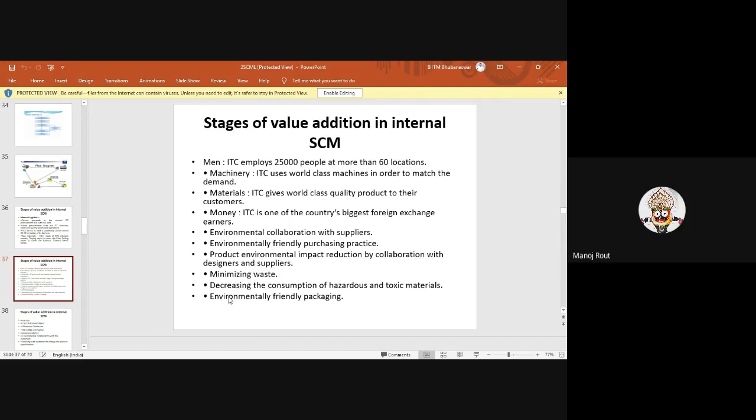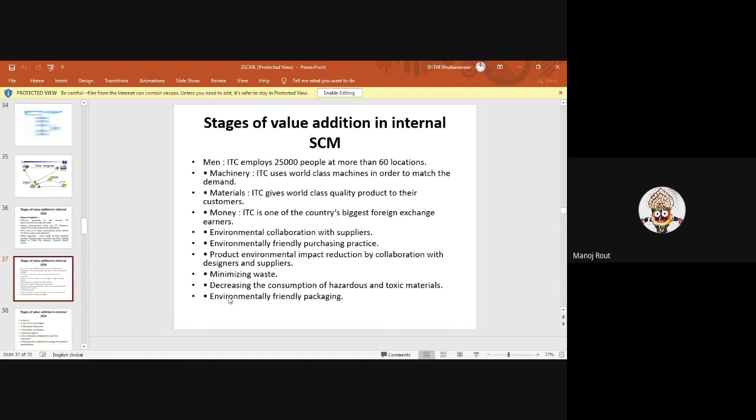The next part is decreasing the consumption of hazardous and toxic material. Due to that, as I told, they directly collaborate with different kinds of suppliers as far as the ISO 14,000 policy is concerned. In that policy, they do not use, or you can say they decrease the percentage of, hazardous and toxic material in that particular product.